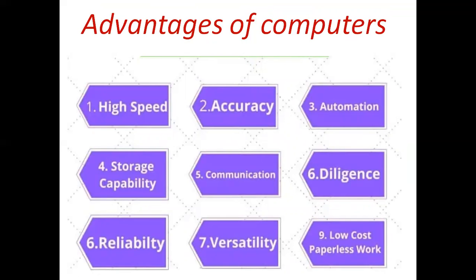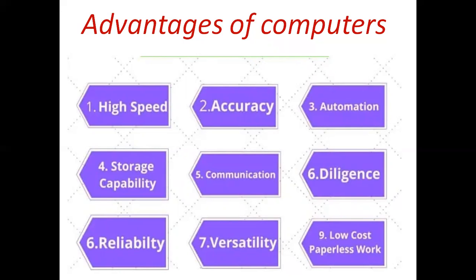Finally, advantages of computers. So why are we using the computers? Normally it has high speed when compared to humans, right? Then a second point, accuracy, it will give the accurate result. Then automation: only once we have to start the process, then automatically it will go to the end, right? That is automation.